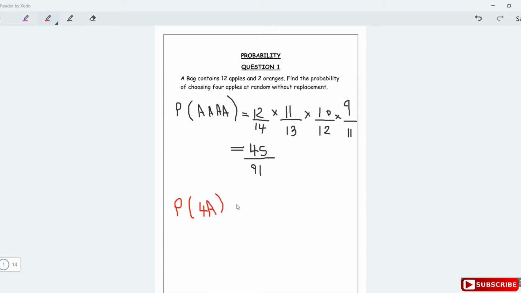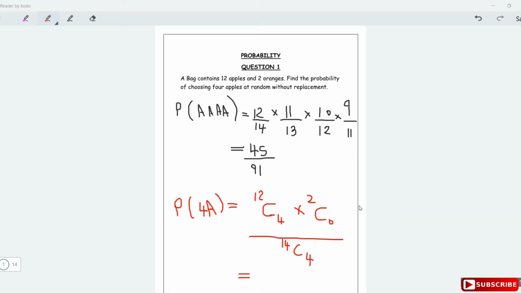The probability of choosing 4 apples is equal to choosing 4 apples from 12 apples multiplied by, we don't want to choose any oranges out of the 2 oranges, and then we divide it by, we are choosing 4 from 14. We work this out and that will give us the same answer right here, I guarantee you. So let's go ahead and do that. You're going to get the same answer right here.